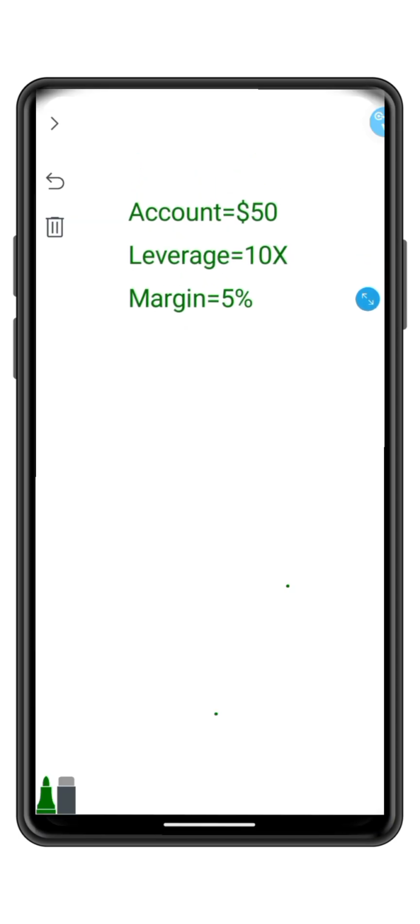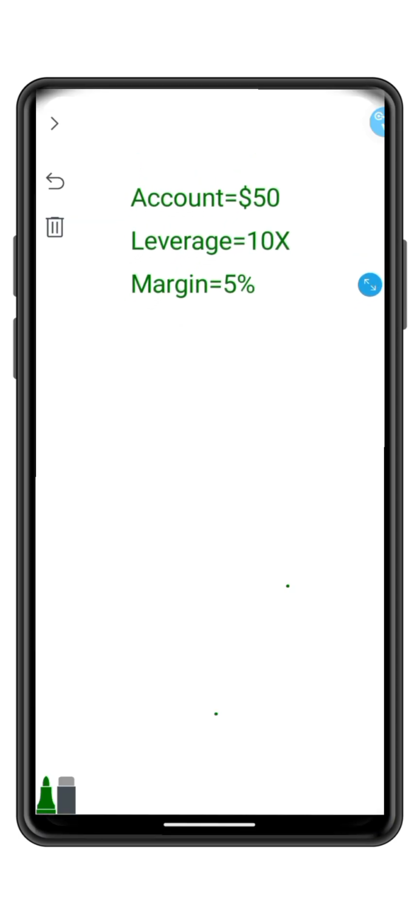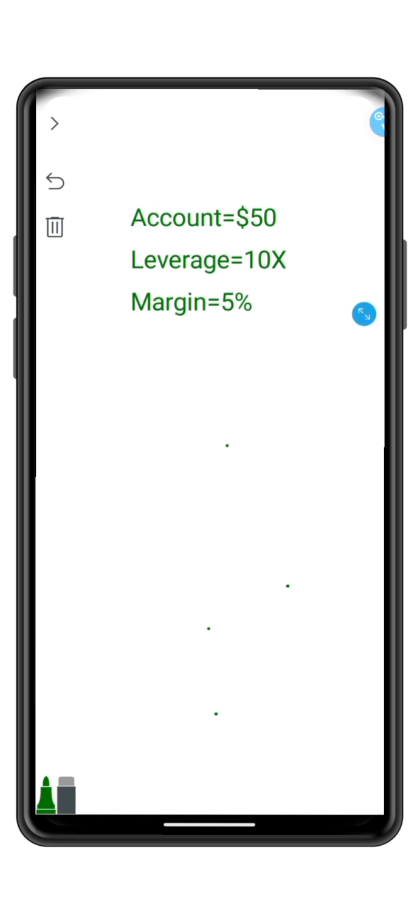All right, to help you understand what I've been saying so far, you want to start trading. You've got 50 US dollars in your trading account. This is your account balance. Say you are applying a leverage of 10x and you are using a margin of 5%. Remember what I told you margin is. Margin is the amount from your account balance you want to enter a trade with. So let's say you want to go into a trade with 5% of your account balance.